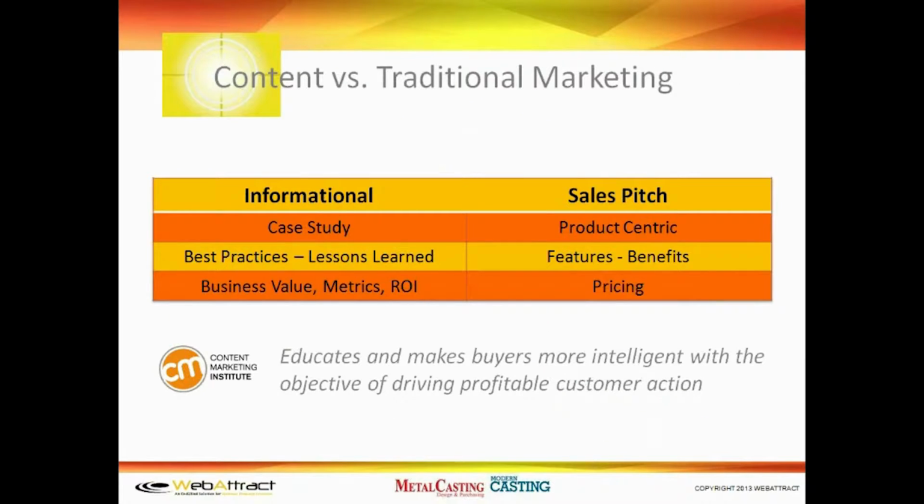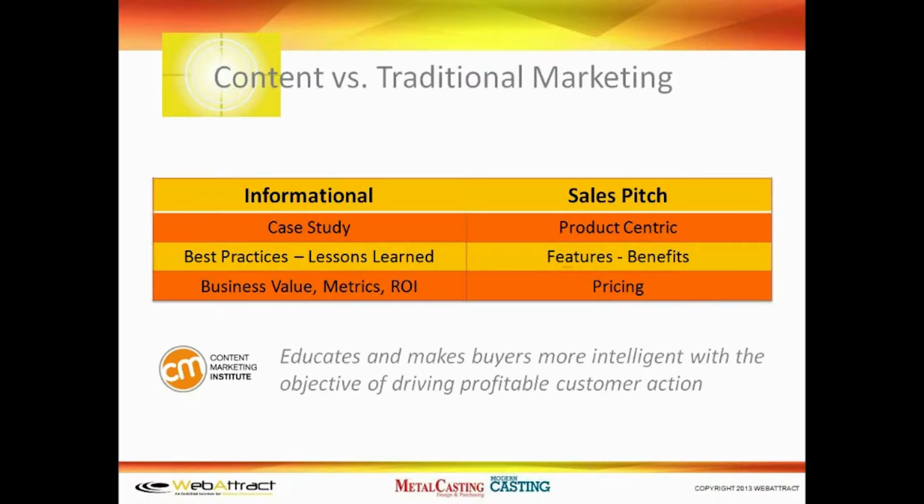Now, one of the other big changes is this shift from traditional marketing to content marketing. Let's talk about that for a second, because content marketing is about providing information and education rather than traditional marketing, which is more of a sales pitch. So if you look at the chart I have up here, on the left-hand side, we talk about informational.